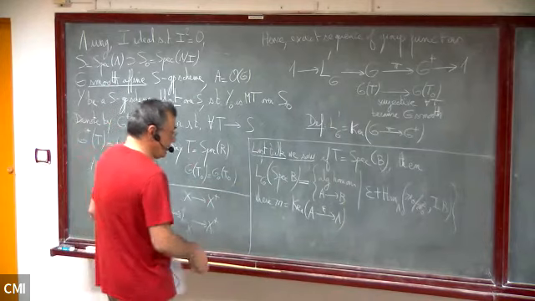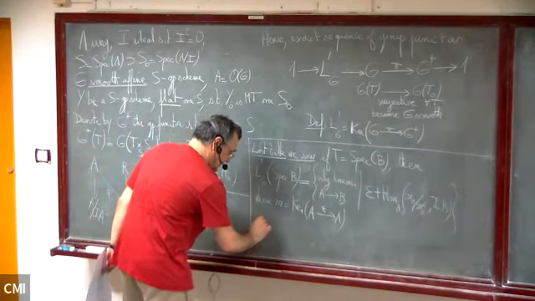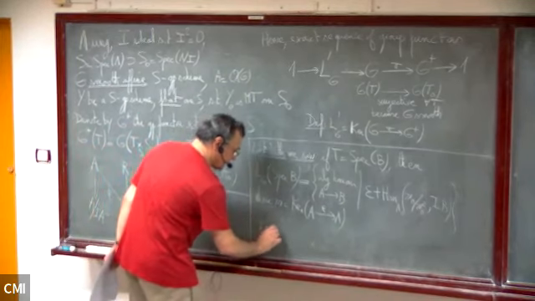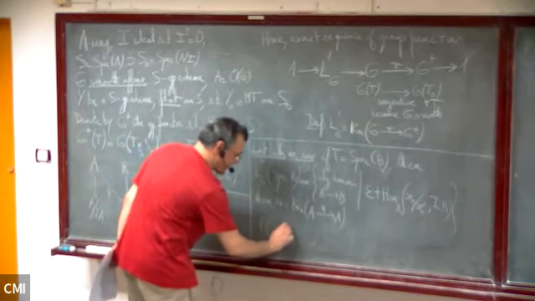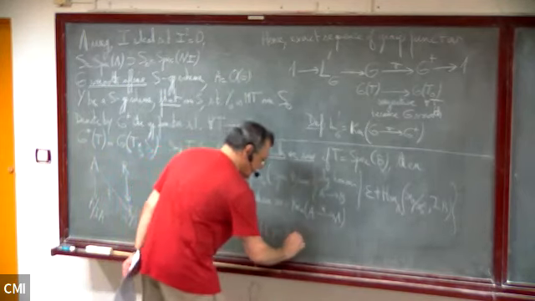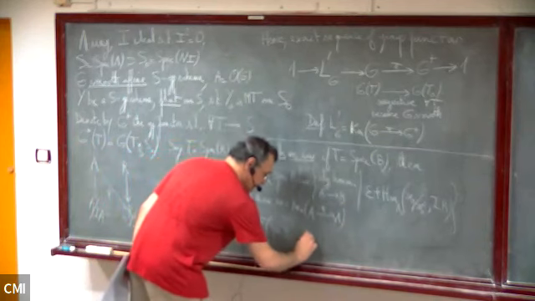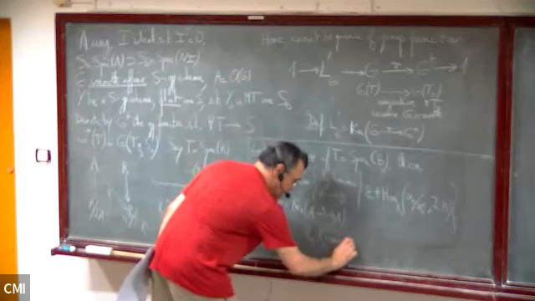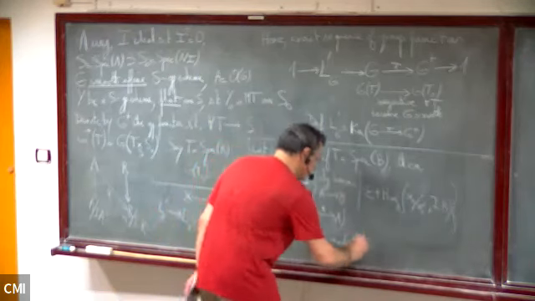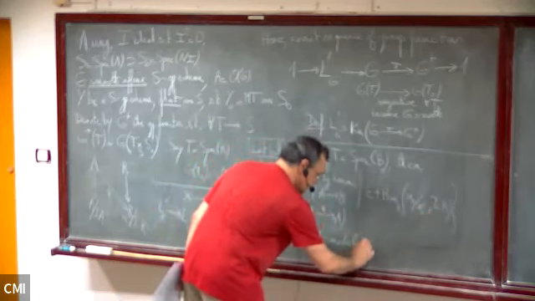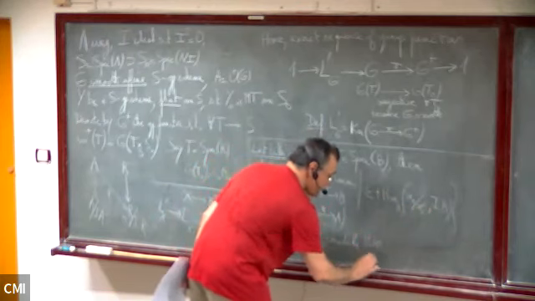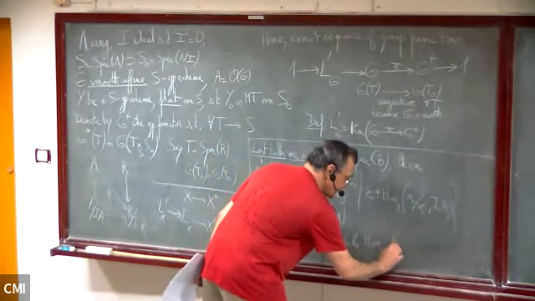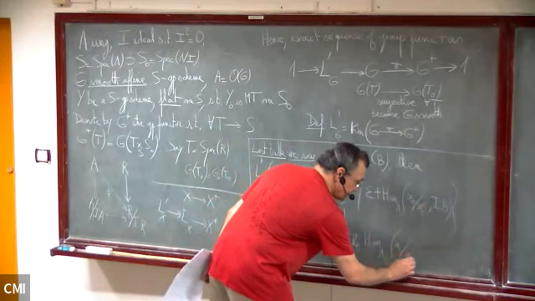And so I denote by F of Spec B the Lambda 0 module which is here.